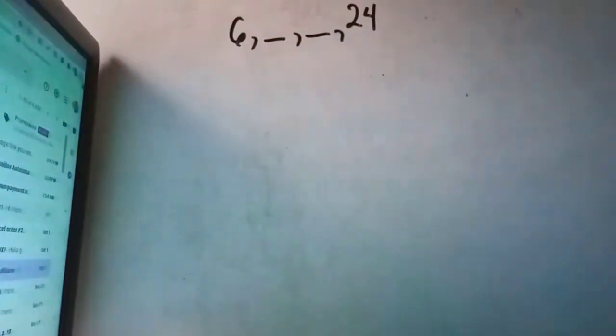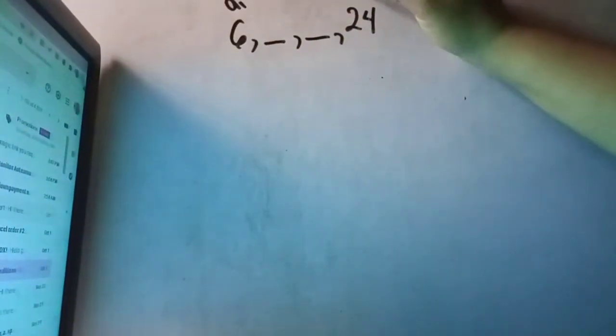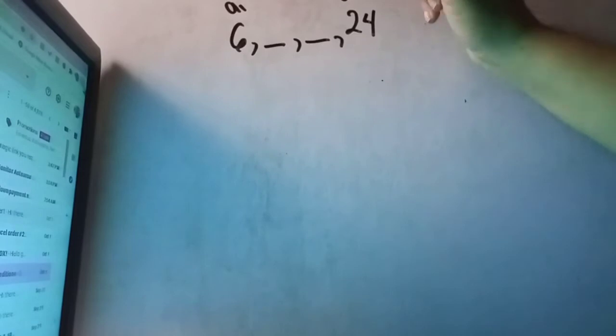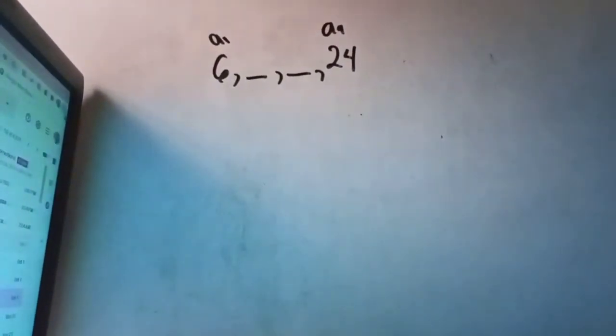So, pang ilang term ang hinahanap natin? Okay, pang second and pang third, halimbawa. So, meron tayong a sub 1, ang ating first term, at meron din tayong a sub 4, ang ating fourth term. So, paano natin makukuha?